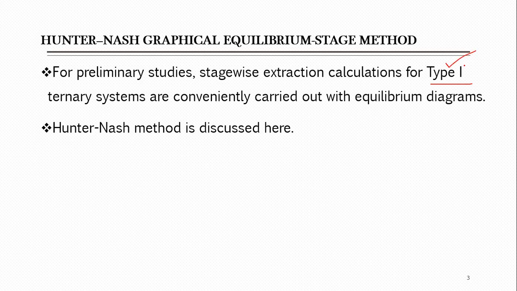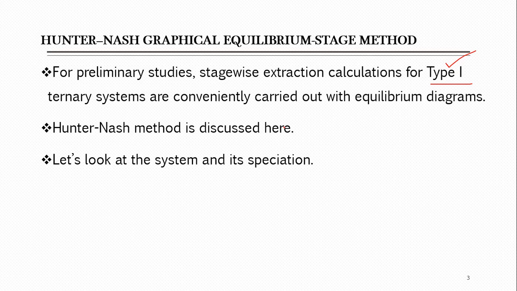Type 1 systems are those in which solvents are partially miscible, while type 2 are those in which solvents are completely immiscible. Here we are going to talk mainly about type 1 systems, but the same methodology can be adopted for type 2 system design.